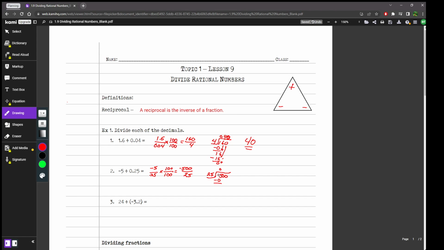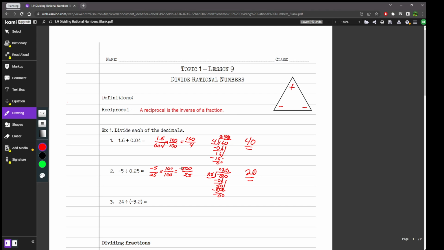We subtract that down, just ignore the negative sign, which would be 5, I'm sorry. Okay, bring down our 0. 25 goes into 50 2 times. 2 times 25 is 50. 0. Bring down our 0. 25 goes into 0 0 times. Our answer here is going to be 20.